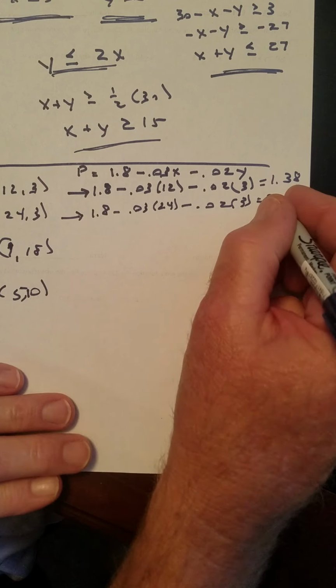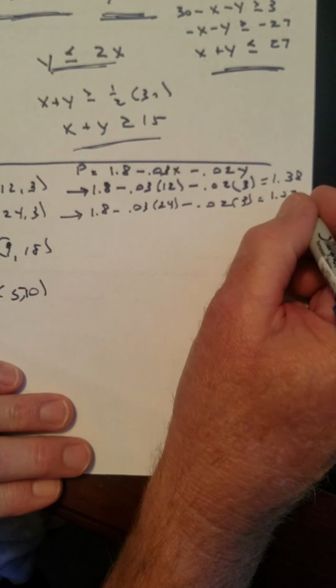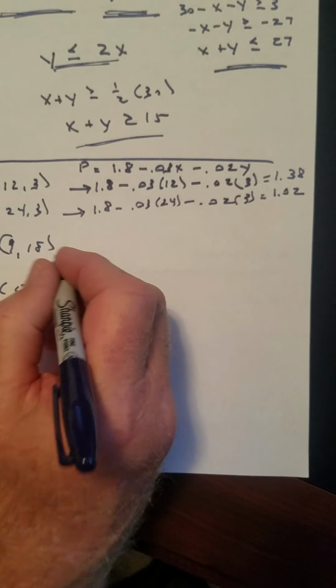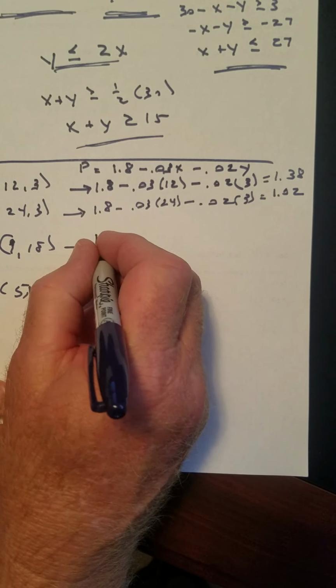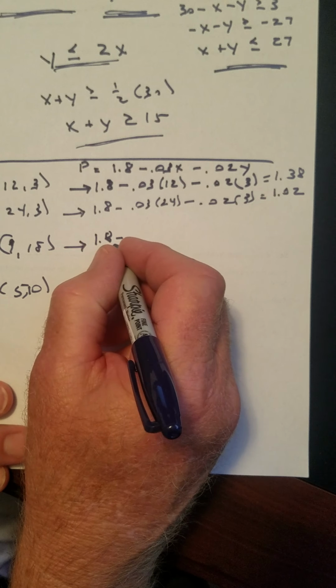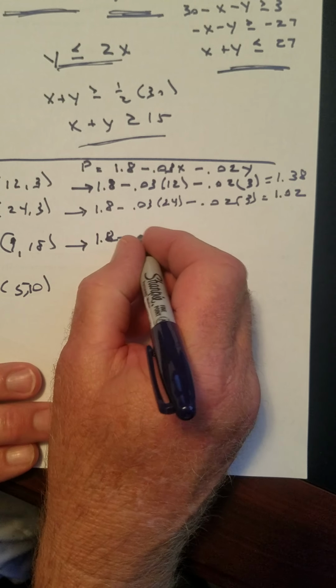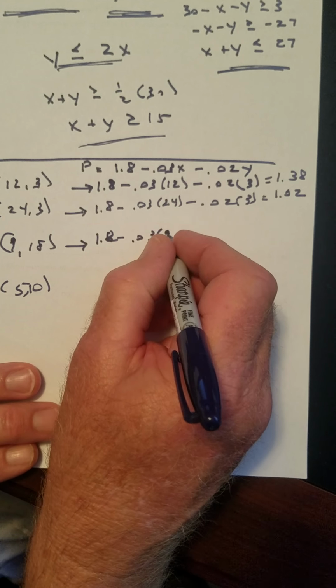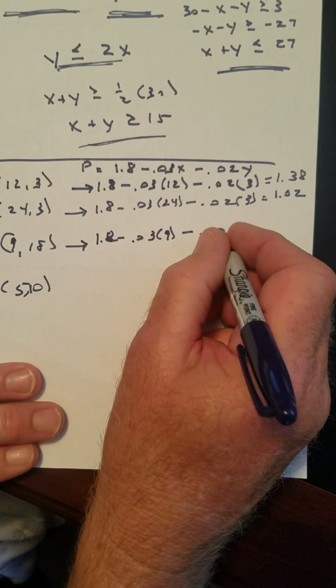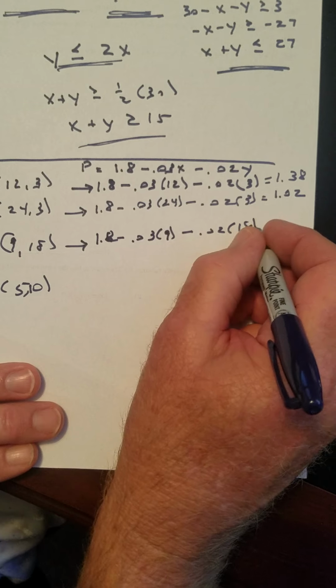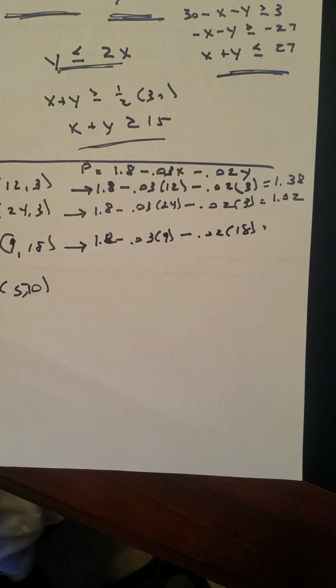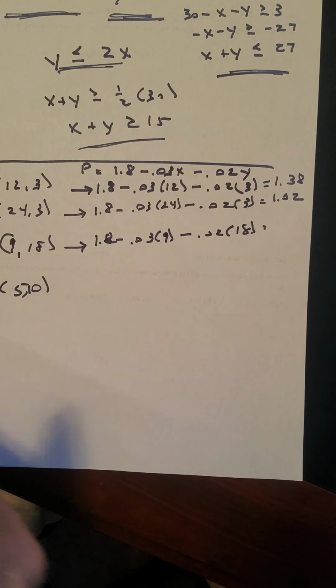I got 1.02. This is going to be 1.8 minus 0.03 times 9 minus 0.02 times 18. I got 1.17.